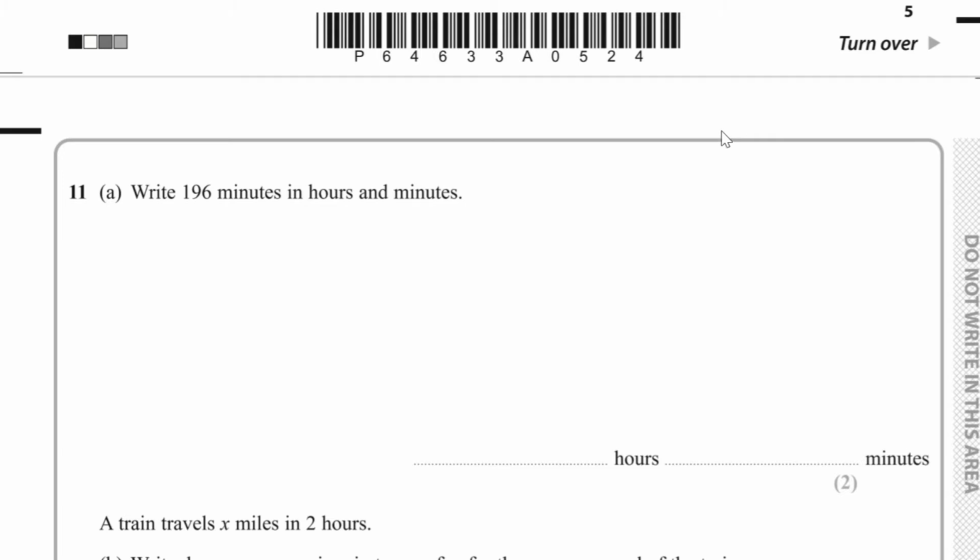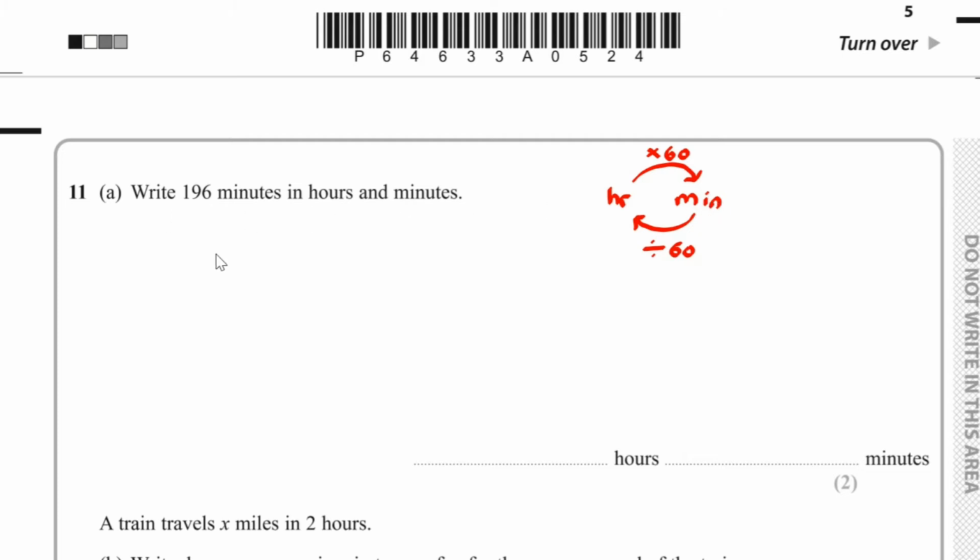Question number 11. For part A, we have to write 196 minutes in hours and minutes. Well, to go from hours to minutes, I times by 60, and minutes to hours, I divide by 60.